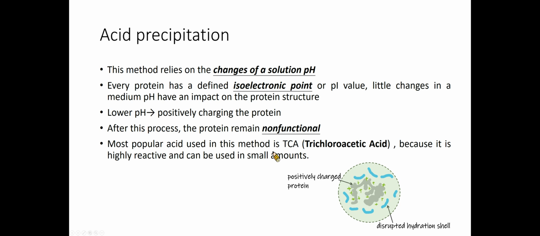The protein will usually lose its biological function after acid precipitation. Trichloroacetic acid is the most popular acid used with this method because it is highly reactive and can be used in small amounts.